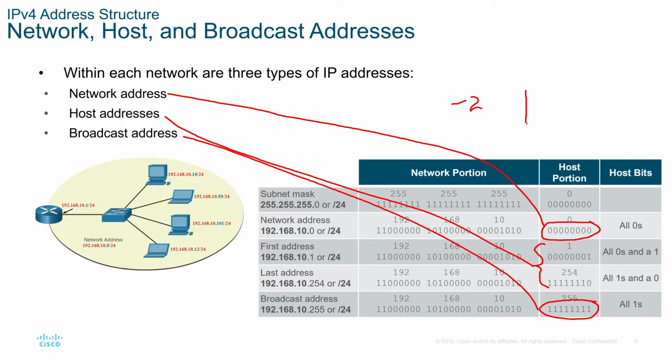So if I were to take a network and divide it, I would now have 2 network addresses, 2 broadcast addresses. So as I subdivide or subnet my network, I lose addresses. But the benefits of subnetting outweigh the loss of addresses.